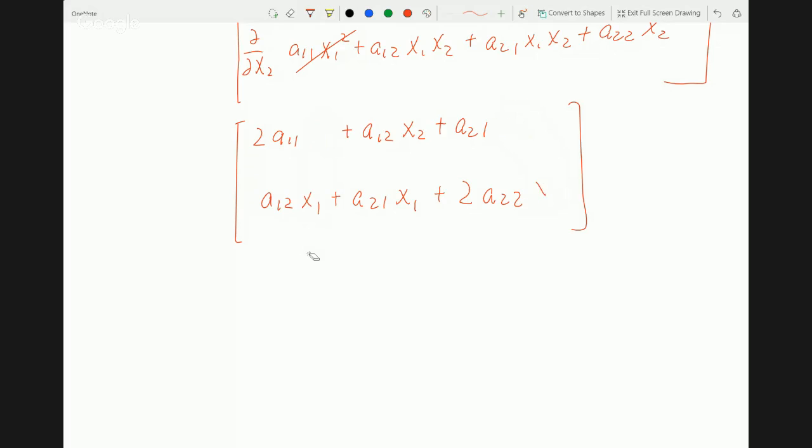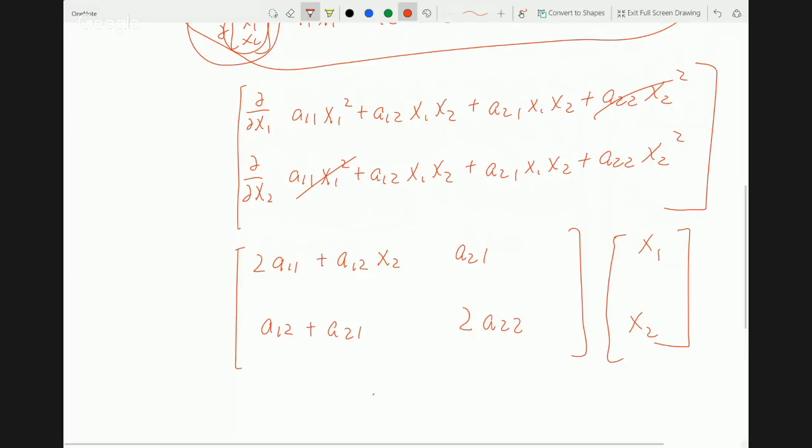So we could actually do this. Remove x2, remove x1, and then remove this, and then combine these two together. Okay, x1, x2.